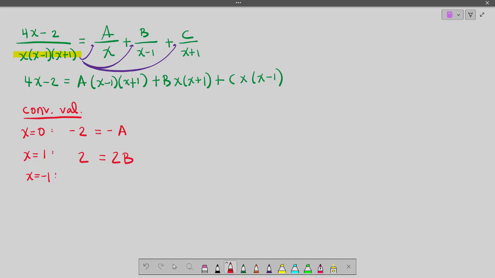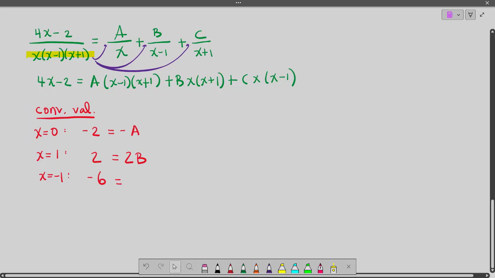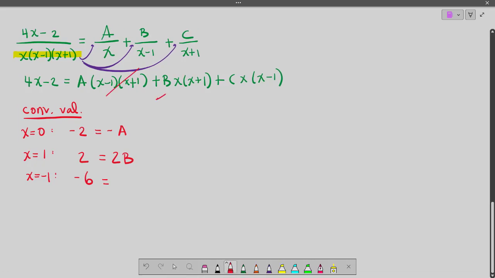Now we plug in negative 1. Negative 1 on the left is going to give negative 4 minus 2, which is negative 6. On the right, negative 1, that's going to be gone right there, and that's going to be gone right there. And the only term that's not 0, let's see, we're plugging in negative 1 right here. So we're going to have negative 2 times negative 1, which is positive 2, times c.